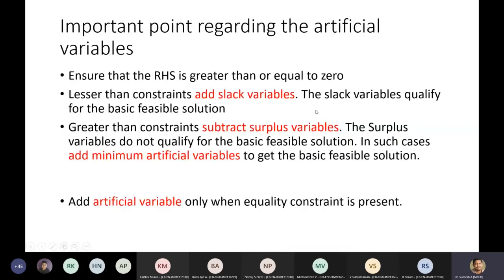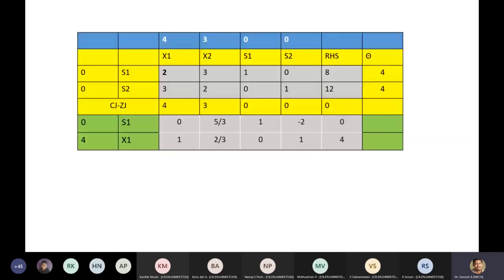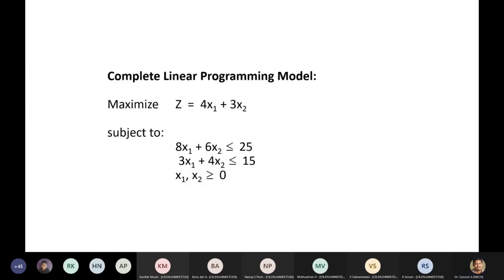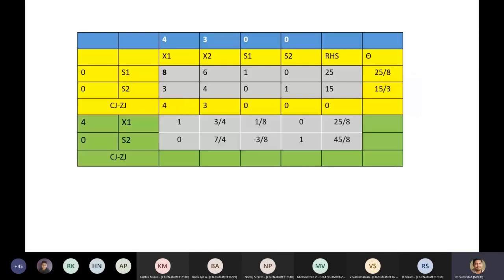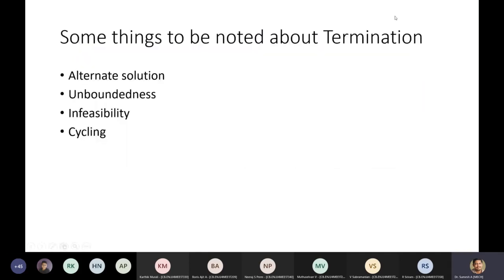In the case of termination, you have to think about alternate solution, unboundness, infeasibility, and cycling.